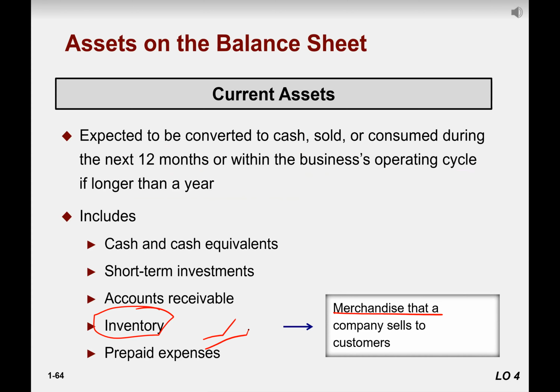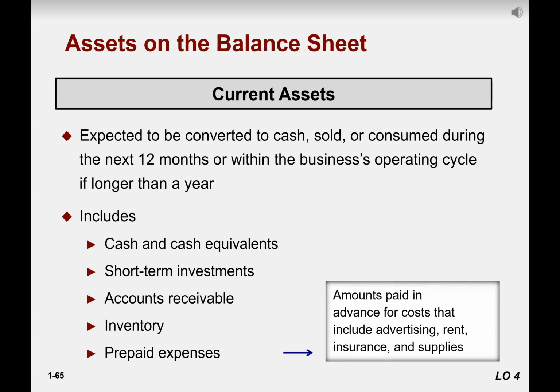Prepaid expenses, those are expenses you already paid in advance but you didn't consume yet. For example, rent, you paid 3 months rent, right? And this is your first month. So first month rent you consume, that becomes your expense, but the rest of the 2 months, that is yet to be consumed.